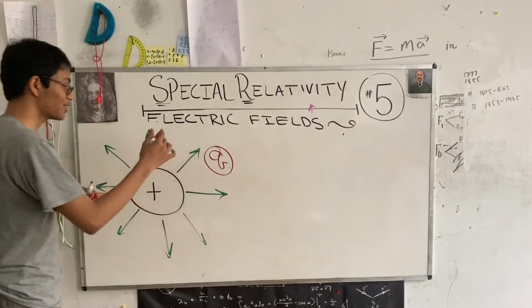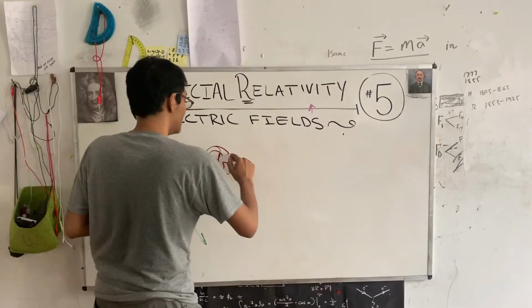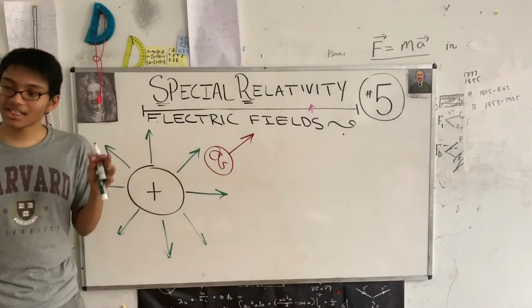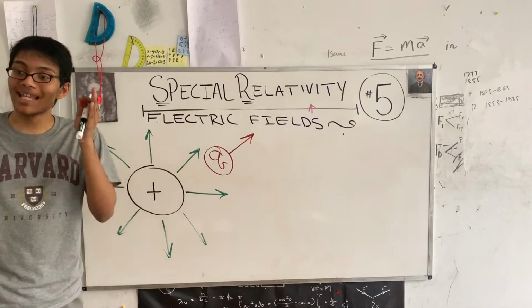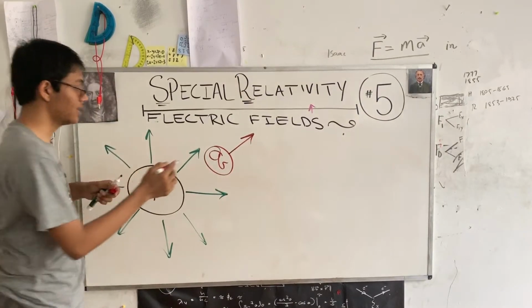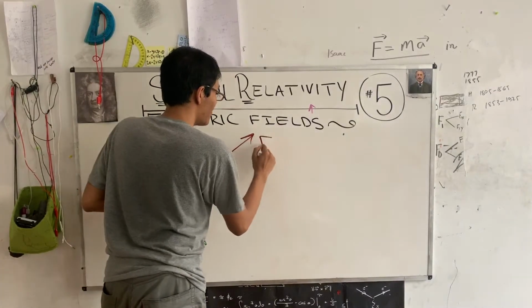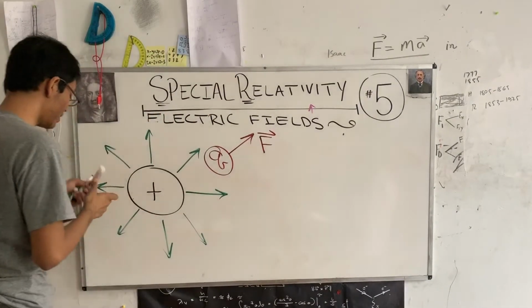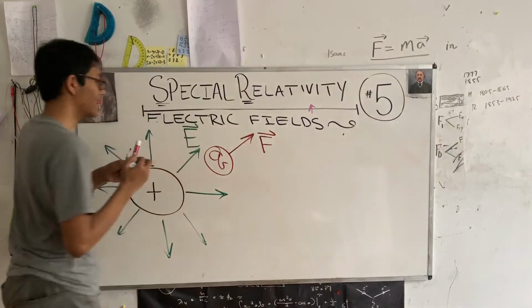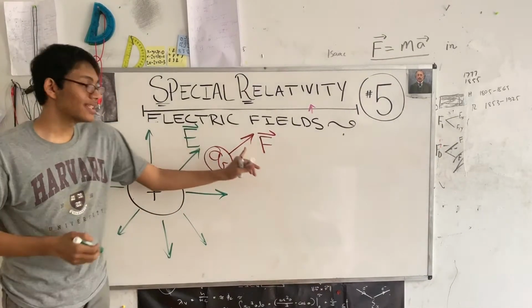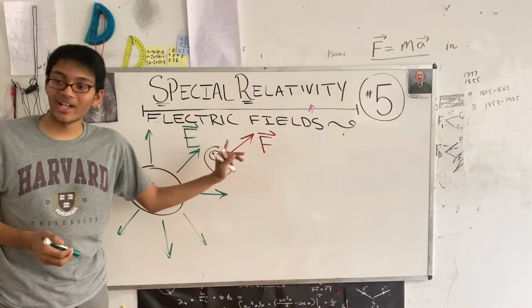Now, this test charge is going to move in some direction, and that electric force is going to be in the direction of the electric field. So let's go ahead and write that down. F, and my electric field, of course, I'll denote with this green letter E hat. So the direction of E hat, as you can see, is equal to the direction of F hat, okay?